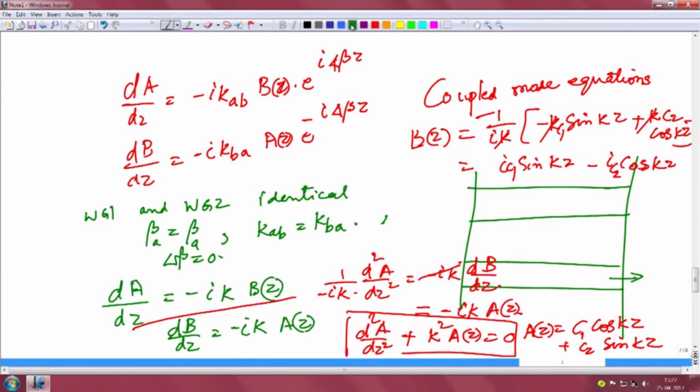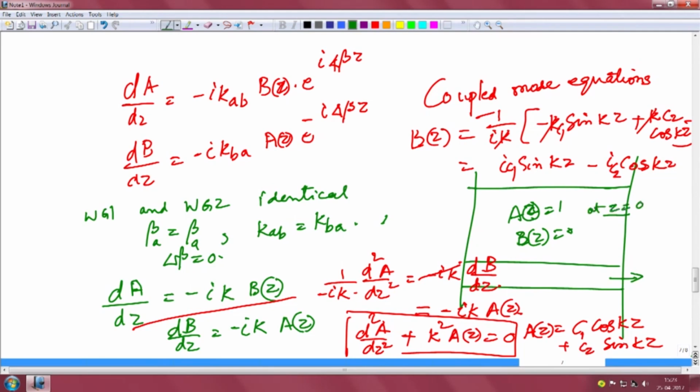Let me quickly do using. So, let me say A of z equal to 0, A of z equals to 1, all the light is there in the first waveguide, and B of z equal to 0 as I mentioned in the beginning at z equal to 0.